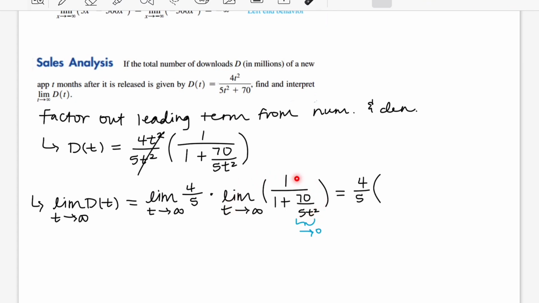And then the limit of this guy here is just going to be 1 over 1 plus 0, because this is getting, like we said, smaller and smaller as t goes to infinity. And so we just end up with 4 over 5 times 1, which is 4 over 5. All right. So that is our answer for that one.